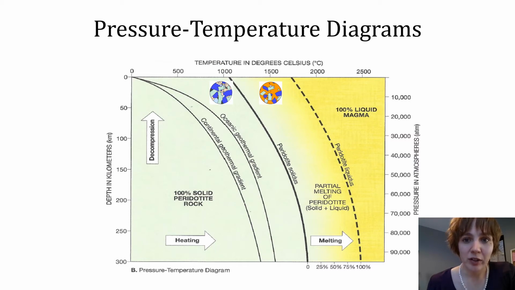It represents the transformation from a complete solid, again, made up of minerals, to a mixture of solids and melts. The line itself could be either the beginning of melting, if you're moving this way, or the final step in crystallization, if you're moving that way.